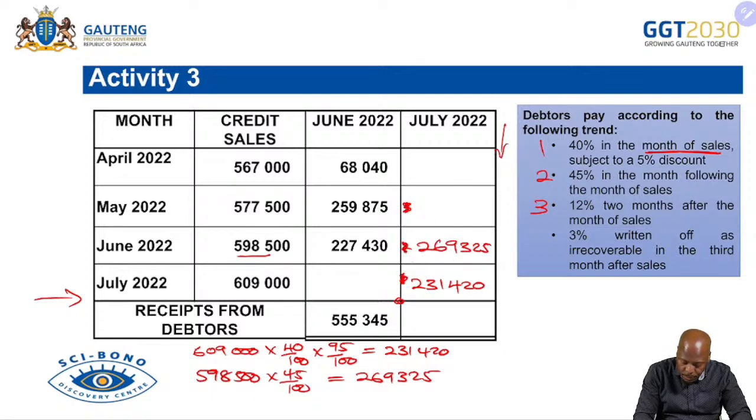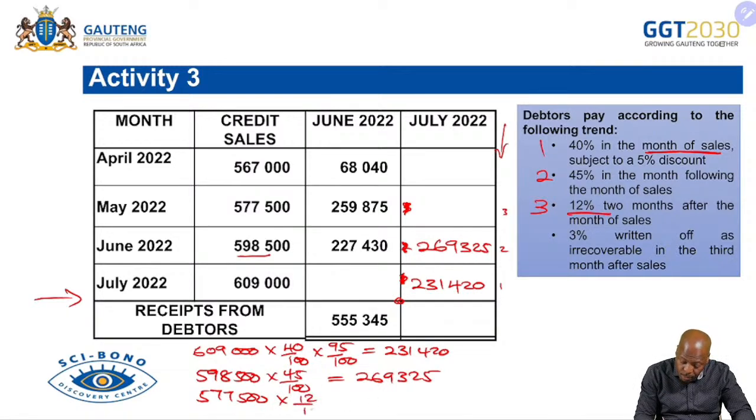Okay, and then the next one. So I'm going to put my 1, 2, 3 out here. 1, 2, 3. And then the next one is going to be your 577,500. You multiplied by your 12%, which is the 2 months after.